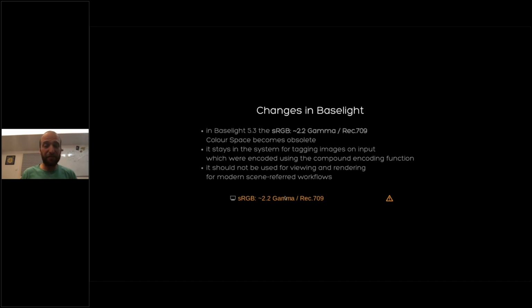It stays in there for compatibility, because if someone gives you an image and says, well, I have encoded it with a compound function, then you might still use this color space for input when you tag material. That's why we kept it in the color space menu. But you should avoid it for viewing or rendering if you're following a modern scene referred workflow.